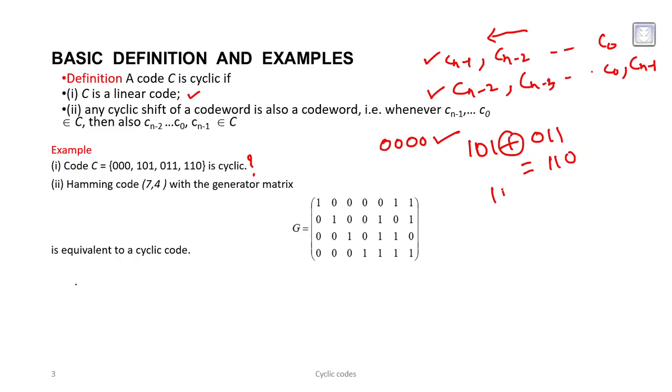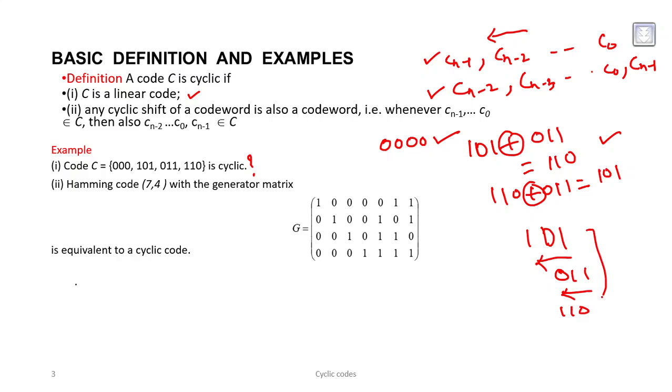Okay, let's take another example. 110 plus 011, that is also another code word. So the second property is fulfilled. Third property, shifting of any code word should result in another code word. So if I shift it, I will be getting 011. If I shift it, I will be getting 110. So the third property is also fulfilled.